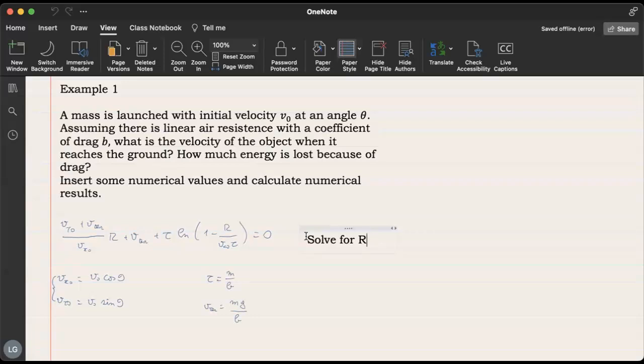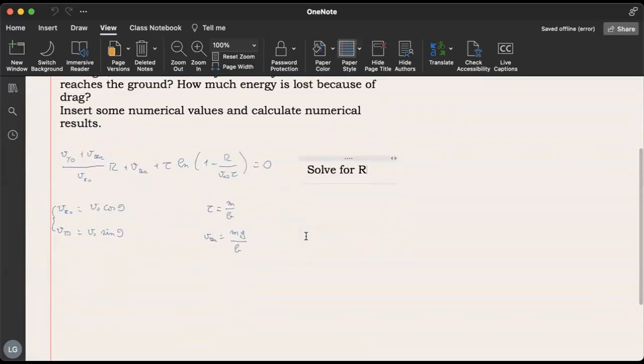Then we also, so let me start putting some numbers here. Call this equation 1. This will be 2a and 2b, 3 and 4.